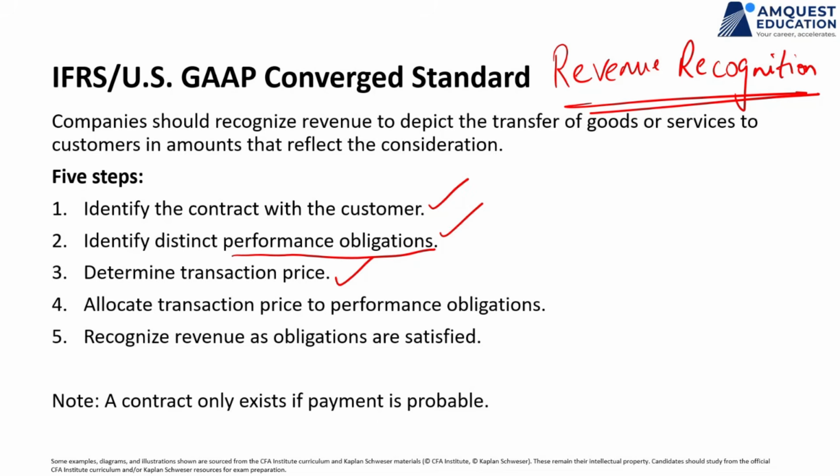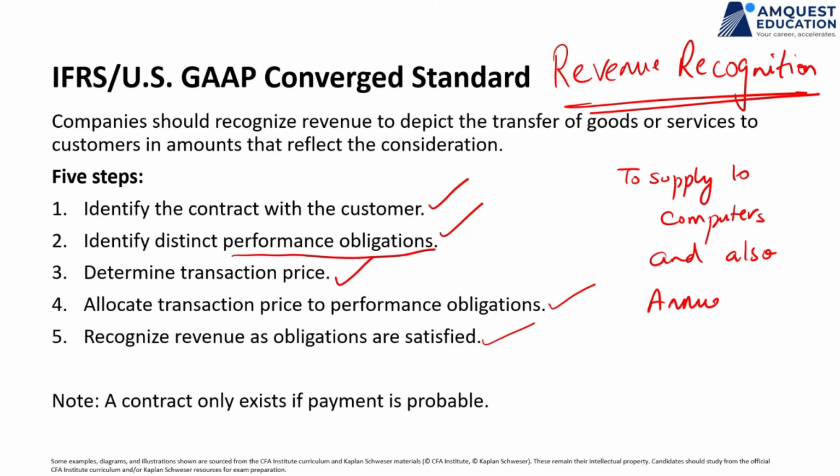Then determine the transaction price. There should be a monetary value for the transaction. Allocate the transaction price to performance obligations and recognize revenue as obligations are satisfied. So take an example. Let's say I get an order to supply 10 computers and also their annual maintenance.